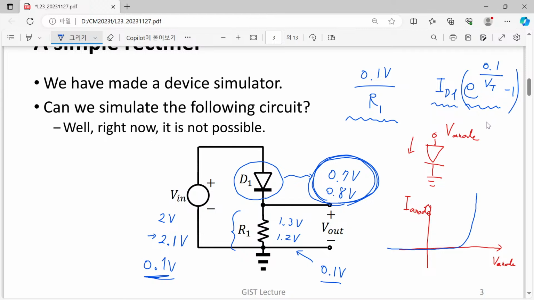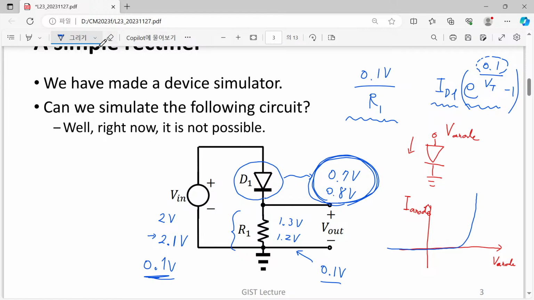So simply speaking, if the voltage is applied to the diode, the current increases too much, and when we apply 0.1 volt to the resistor, its current increase is just moderate.